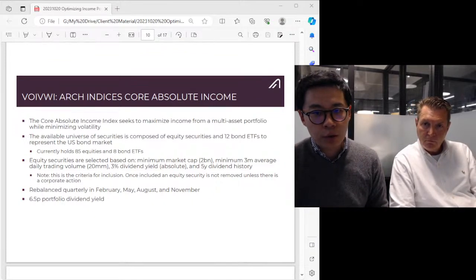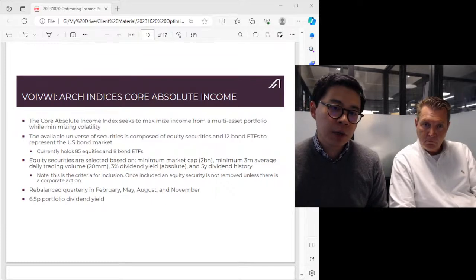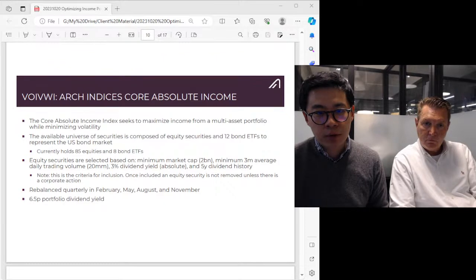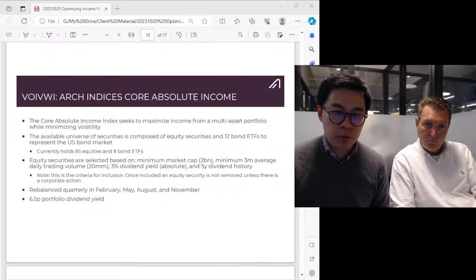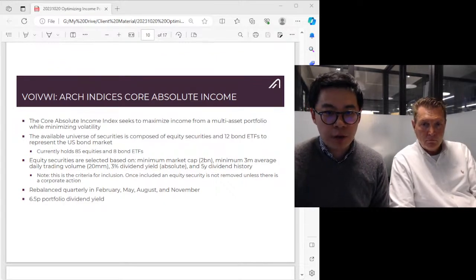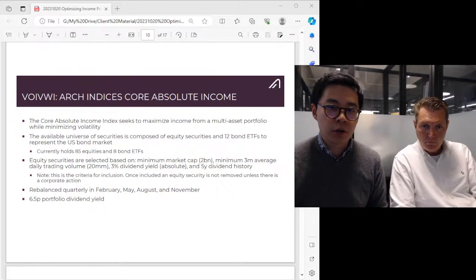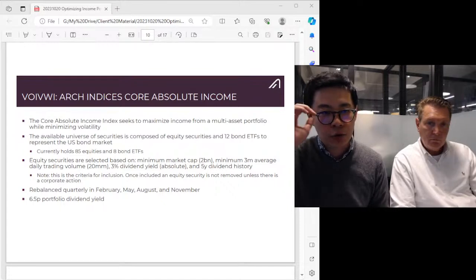We start with a minimum 2 billion market cap, minimum 3-month daily average trading volume of 20 million, minimum 3% dividend yield, which is where the absolute term comes from, and a 5-year regular dividend history. Just note that this is the criteria for inclusion. We don't actually remove securities unless there's a corporate action.